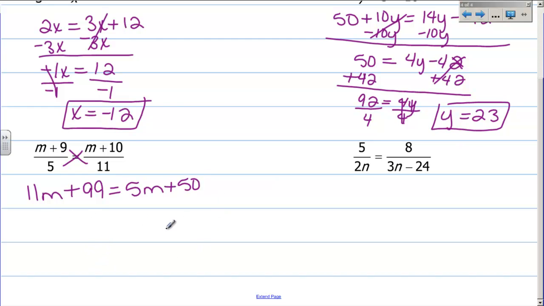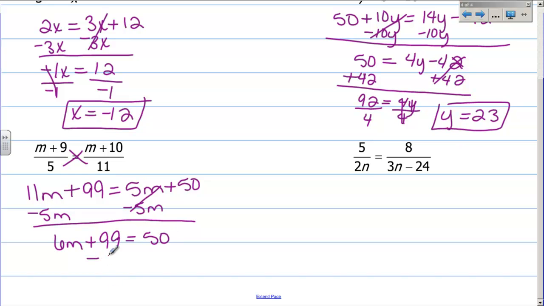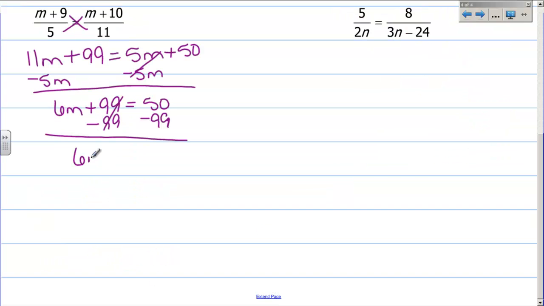So let's start by trying to get all of our m's and stuff together. So I'm going to subtract 5m. So I get 6m plus 99 equals 50. And then I will subtract 99 so I can cancel it out here. So I get 6m equals, I'm going to do my math really quick, negative 49.